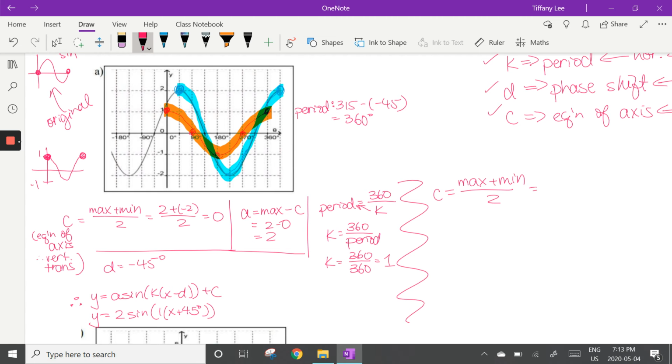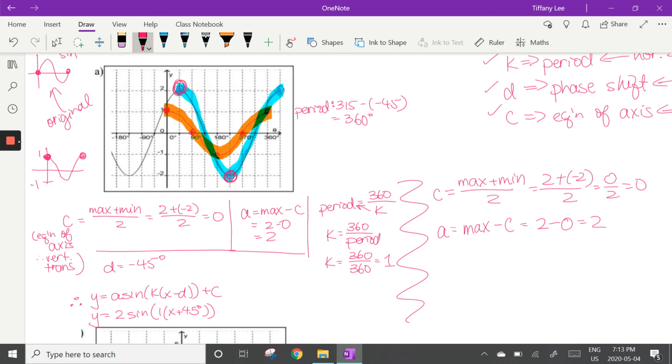Our maximum point is 2, plus our minimum point is negative 2, divided by 2, that's 0 over 2, which equals 0. Okay, so we solved for C. Solve for A, our amplitude, that's maximum minus our equation of the axis. Our maximum is 2 minus our equation of the axis we just solved for, which is 0, and that's 2, right?